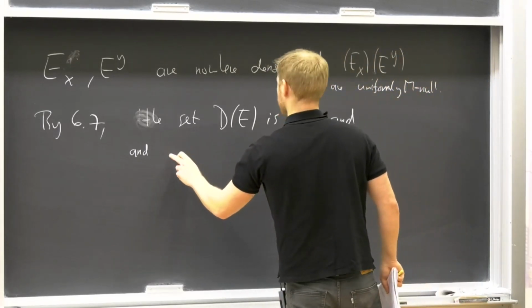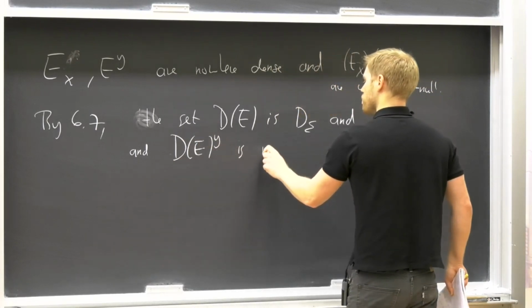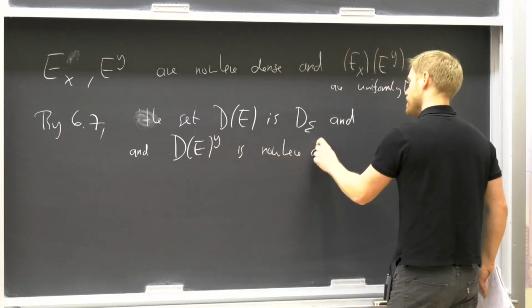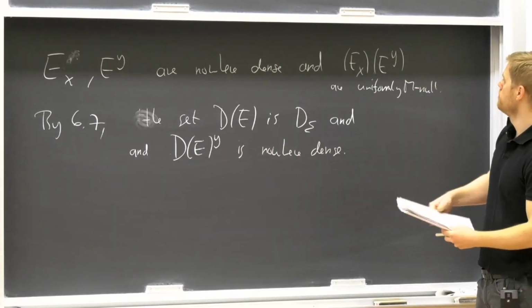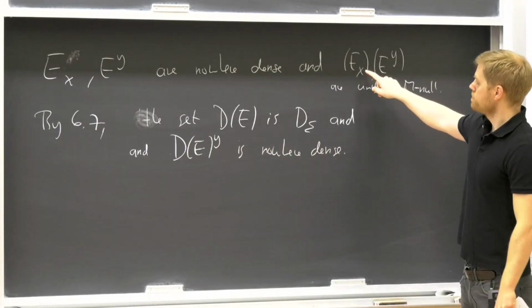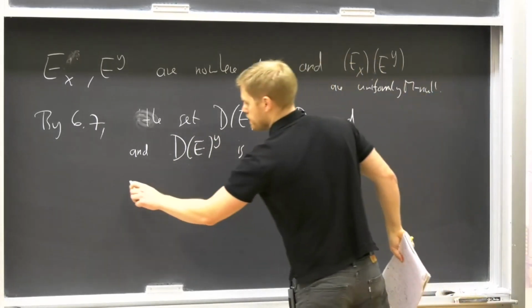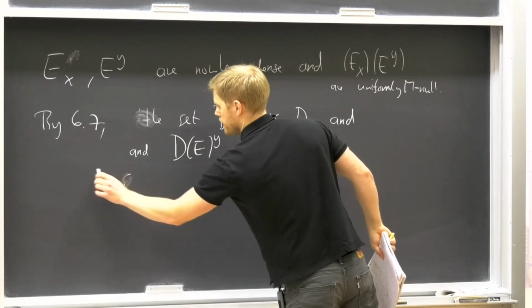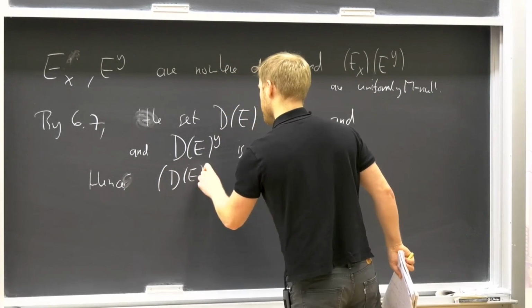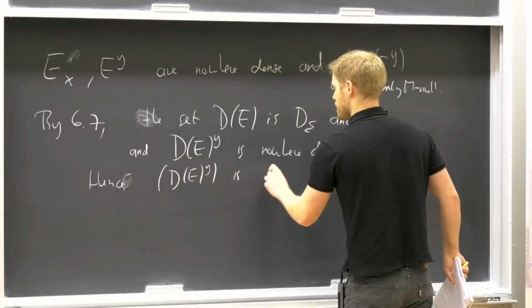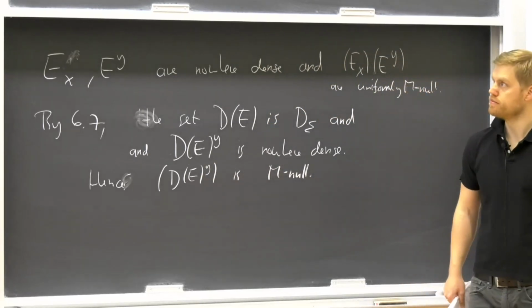And DEY is nowhere dense because EY is nowhere dense, and so hence the family of all of them is uniformly M null. Okay.